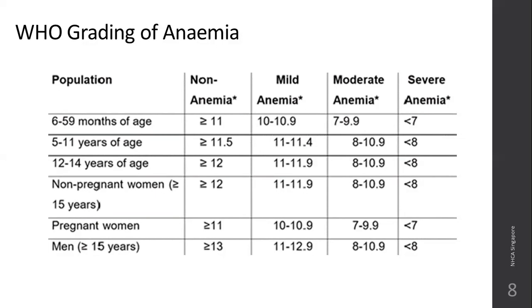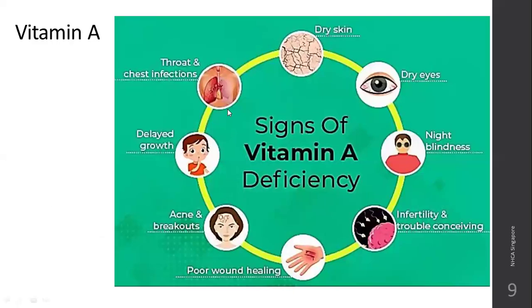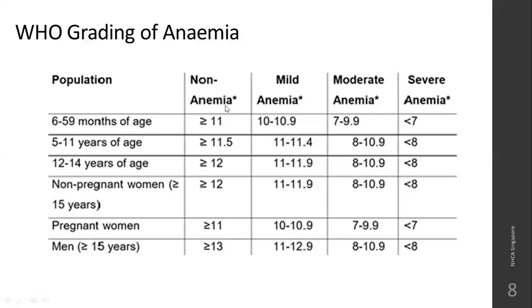The population is classified with respect to age. For an infant or toddler between 6 to 59 months of age, if the hemoglobin level is 11 or more, the child is not anemic. But if it falls below 11, such as 10.9 or 7, the child is anemic.